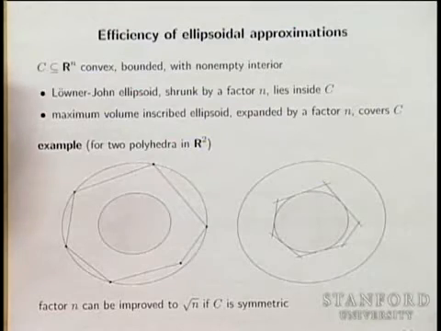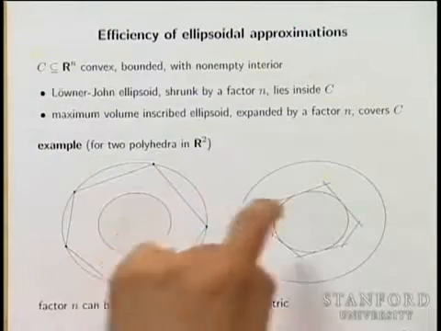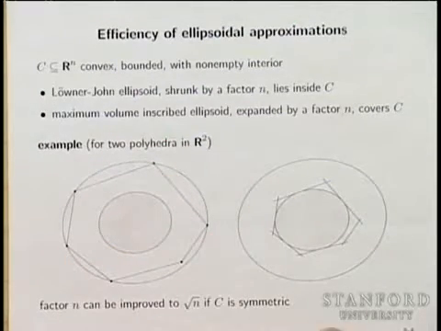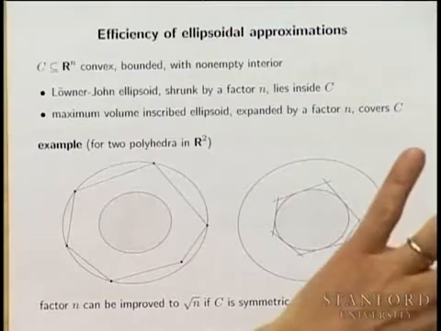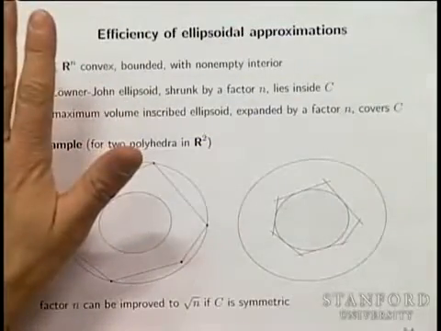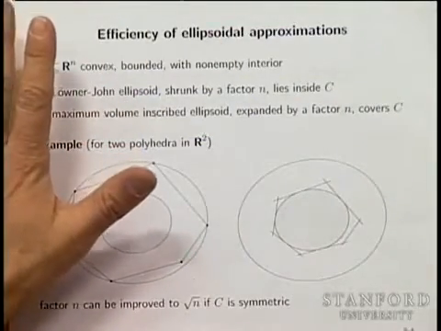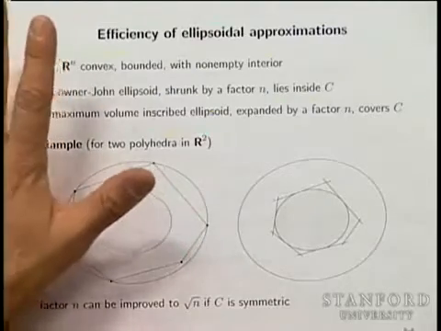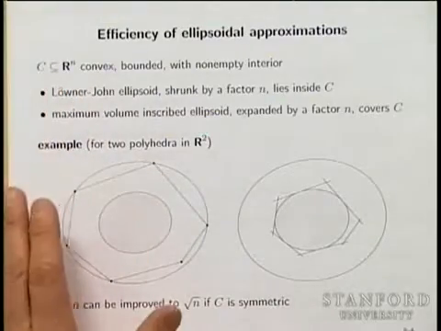By the way, if this set is also symmetric, you can sharpen this from n to square root n, in which case I could even say I can get an n to the 1/4 approximation. The importance of this is extreme, both theoretically and practically. And let me say why.